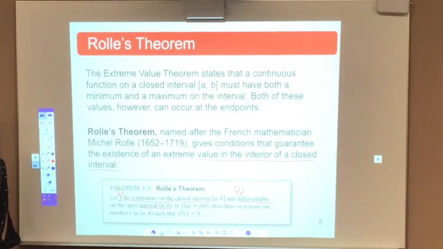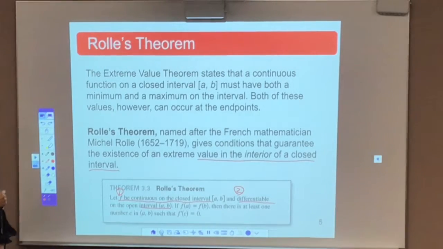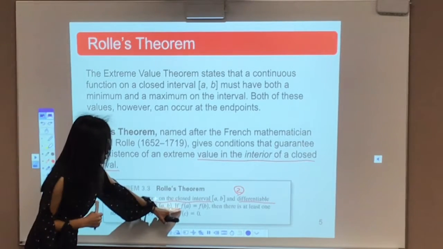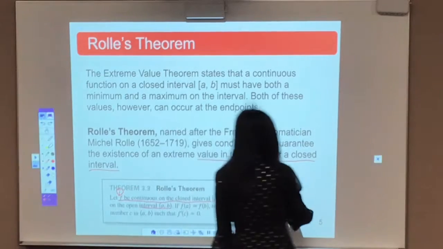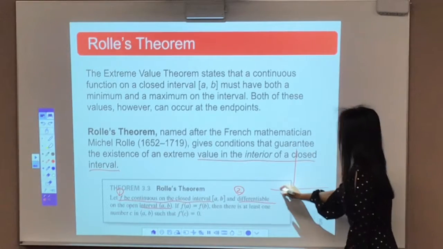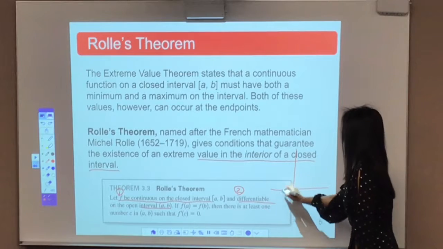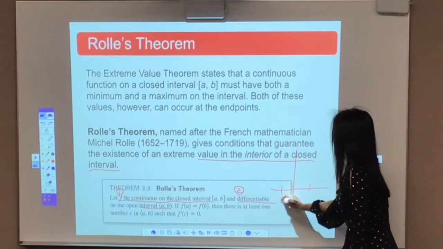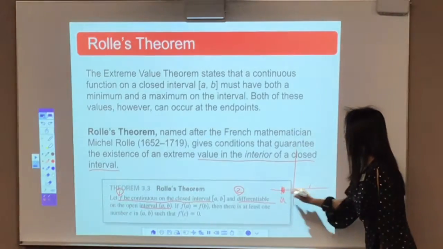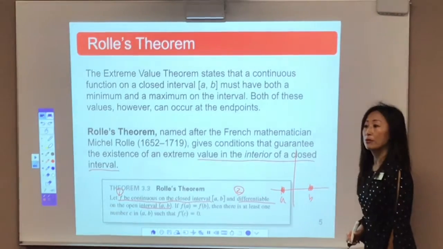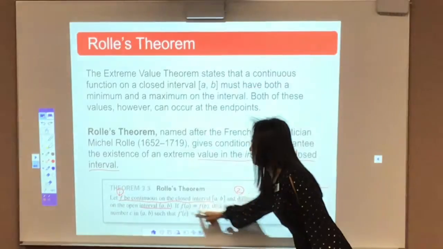There are two conditions so far, right? If you have that, then, if f of a and f of b, where I call the endpoints a and b, what they're saying is f of a and f of b will have the same value.